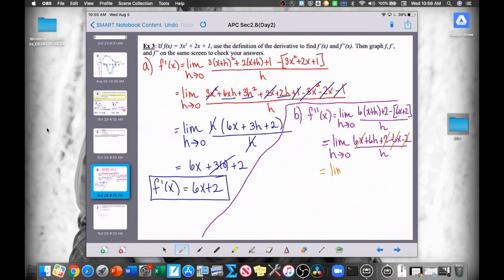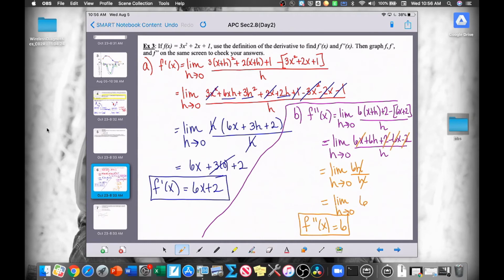So I am left with the limit as h approaches 0 of 6h over h, and my h's cancel. So I am left with the limit as h approaches 0 of 6, which means the equation of my second derivative is f double prime of x equals 6.